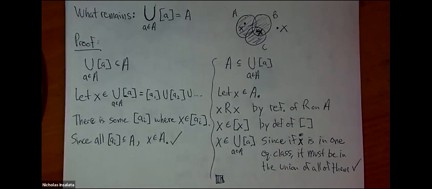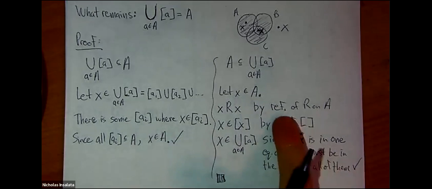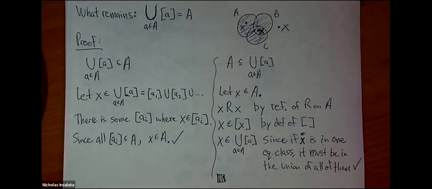What do you guys think? Is that tricky enough for you? So in the last three proofs, we've used all of reflexivity, symmetry, and transitivity, some of them multiple times, right?